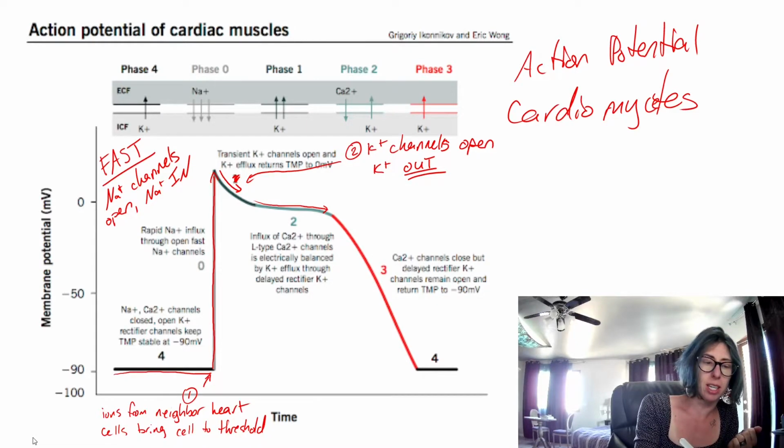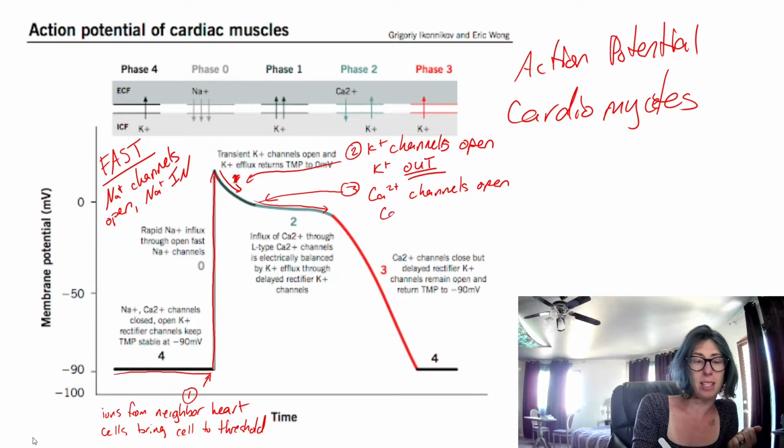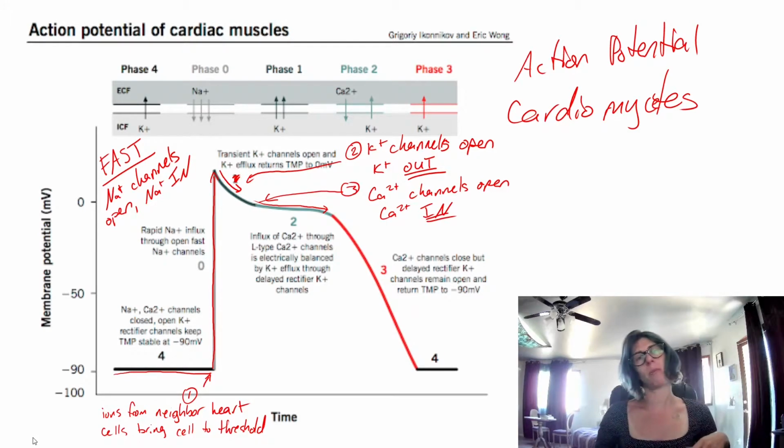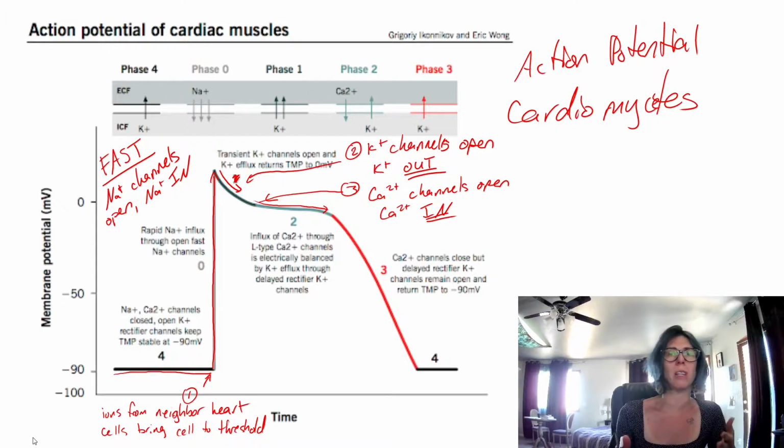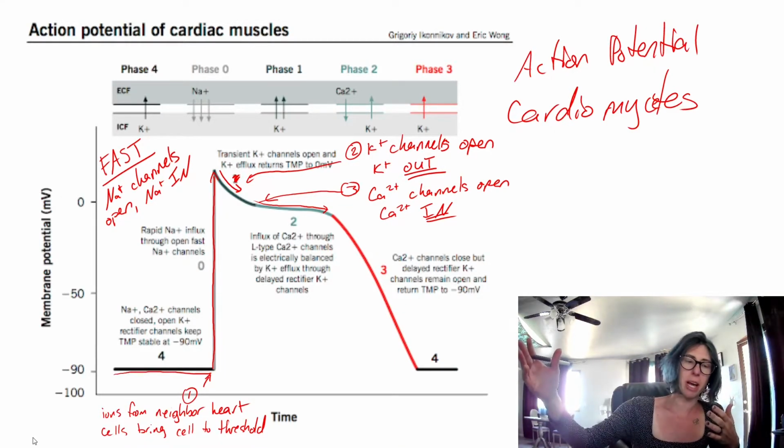So let's say here we have number 3, calcium channels open, and calcium comes in. Now the calcium channels, these are in the sarcoplasmic reticulum. You have those in skeletal muscle also. The sarcoplasmic reticulum is just an organelle that stores calcium. So once you reach a certain membrane potential, potassium channels open, letting potassium out.